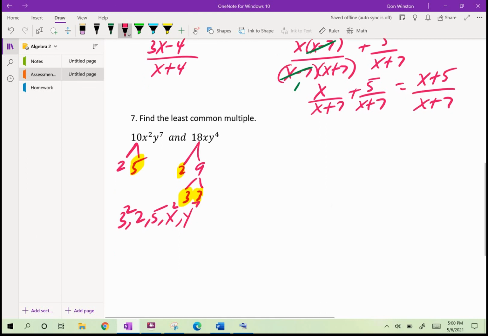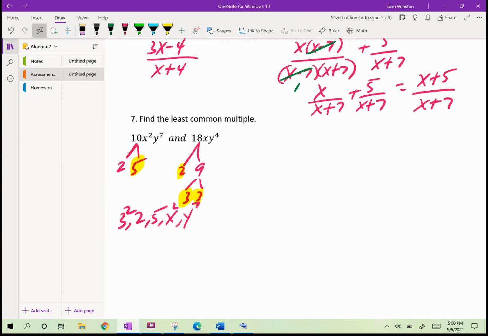So 3 squared is 9, times 2 is 18, and 18 times 5, well, that's going to be 90. So this would be 90 x squared y to the 7th. Okay, and so that was the least common multiple, 90x squared y to the 7th. Okay, so that was your quiz.